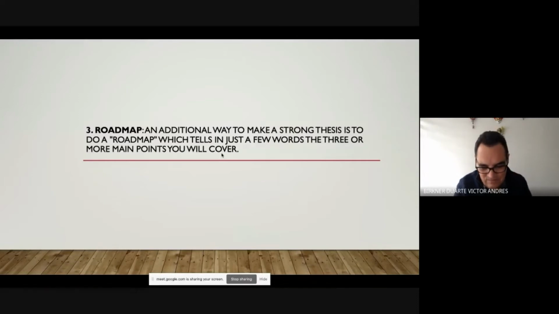It's like you are planning a journey, and before you start your journey, you plan the places where you are going to be visiting. All right, in the journey, the roadmap is like going through a journey, right? In which tells in a few words the 3 or more points you will cover.